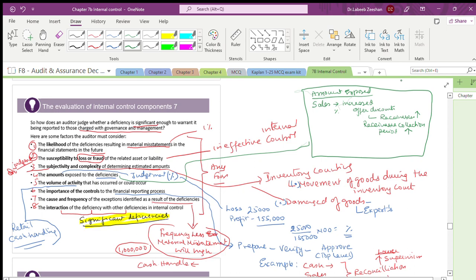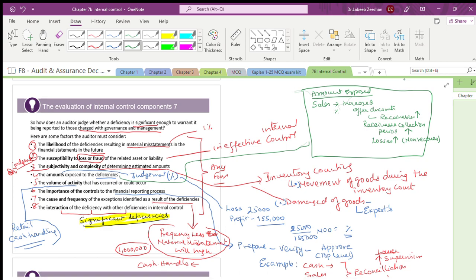See how the cycle will work. When you offer discount, the receivables will increase, the receivable collection period will increase, and automatically the losses will also increase. Losses is nothing but non-recovery. Just imagine the amount exposed.